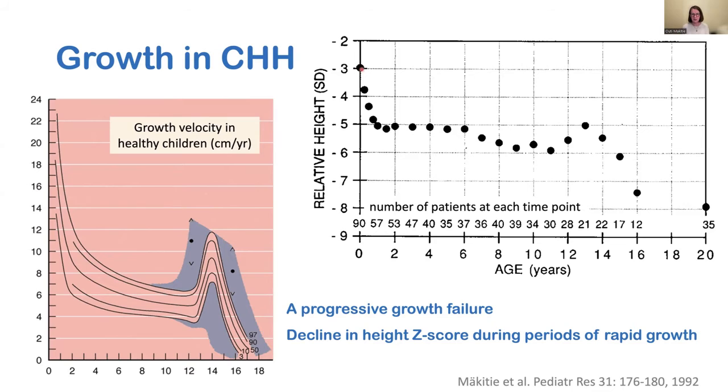So the patients already have a mild short stature at birth, and then during the first year there is a rapid deceleration of the growth and a deviation from normal curves, which goes quite steadily around the 5 SD curve. And then there is a further progression around puberty, when there should be a pubertal growth spurt.